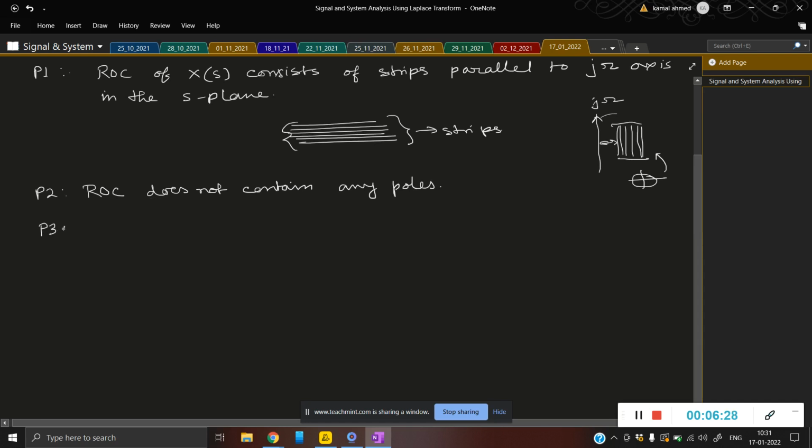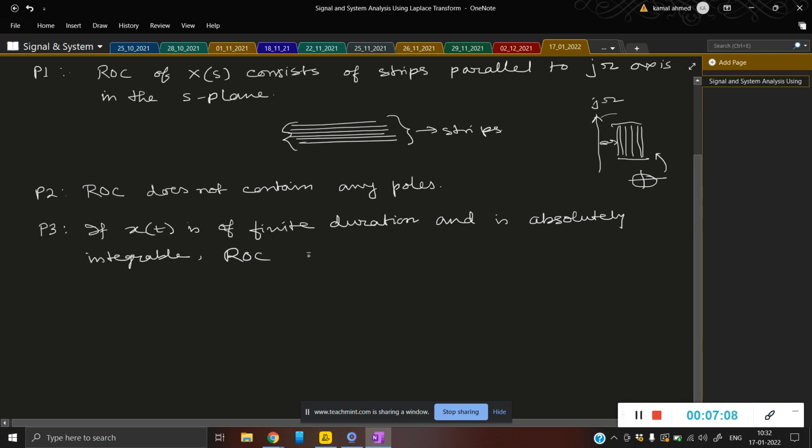Next, property 3. If x(t) is of finite duration and is absolutely integrable, that means it can be integrated, then the ROC will be the entire S plane.